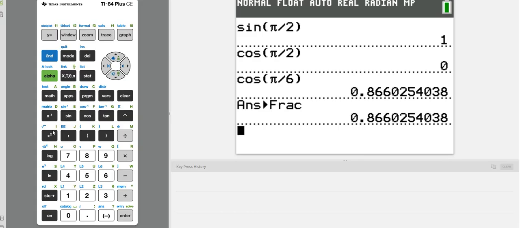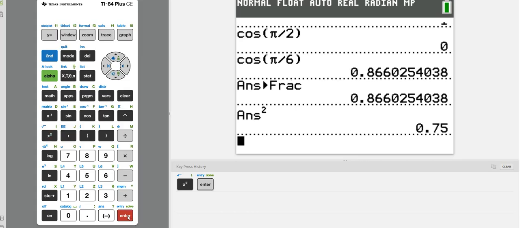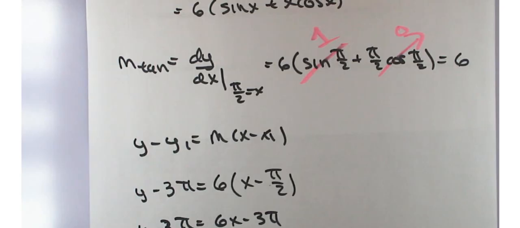Hit the square key. It's going to take this number and square it, and you get something that you should recognize. What's the fraction for 0.75? 3/4. But remember, we squared it to get that, so really what we started out with was the square root of 3/4.